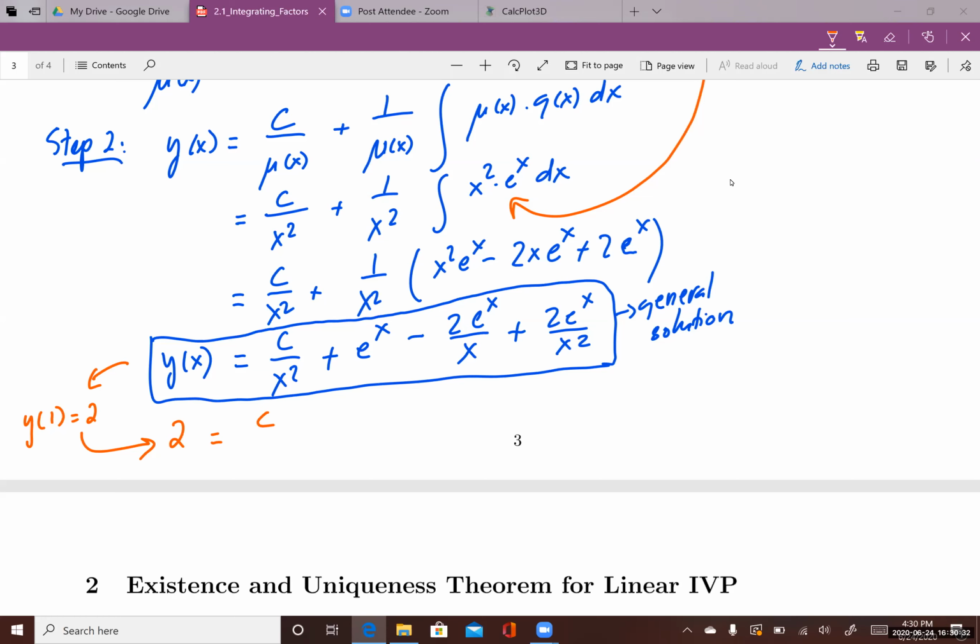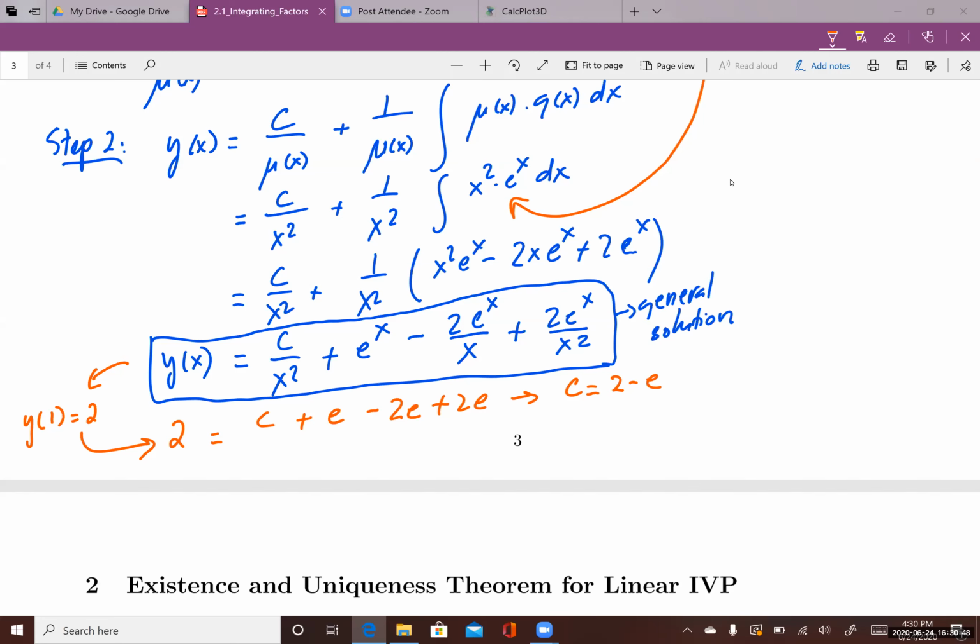C over 1 squared is just C, plus e over 1 is just e, minus 2e plus 2e. So that means C equals 2 minus e.